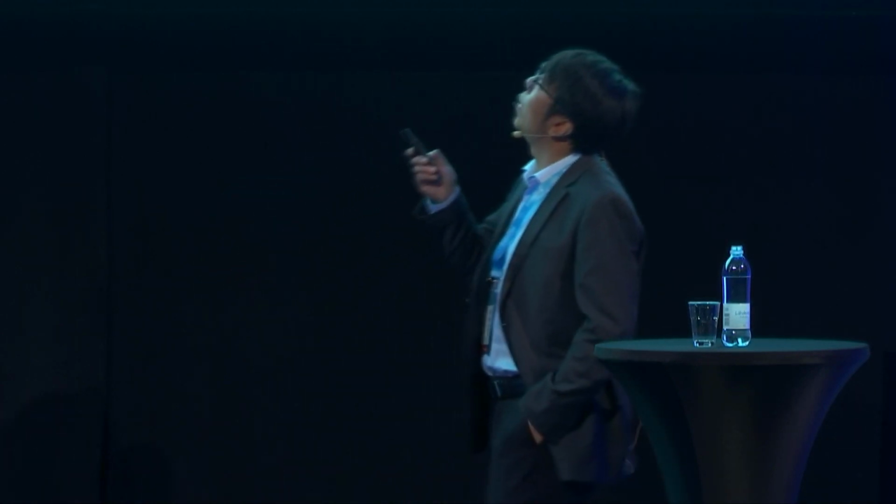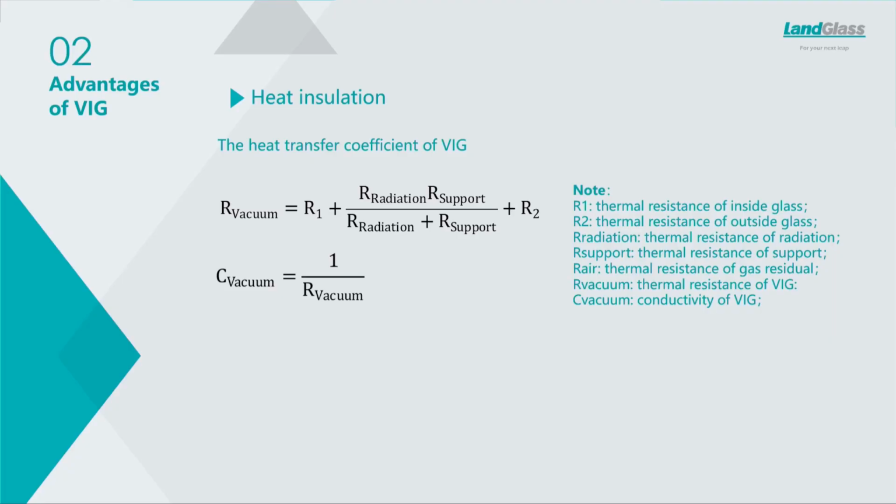In this equation, you can see R1 and R2, the thermal coefficients of the 2 glass pieces. When we calculate the thermal resistance of VIG, we normally just focus on the middle part, because the edge is material dependent. It depends on what materials you use in the sealing part.